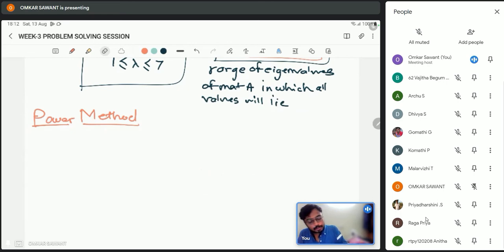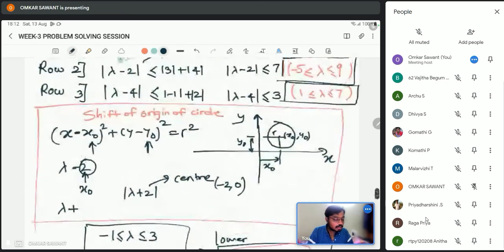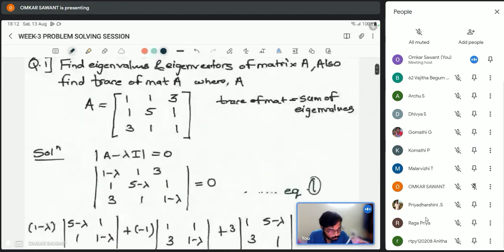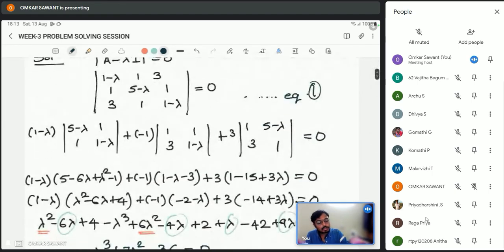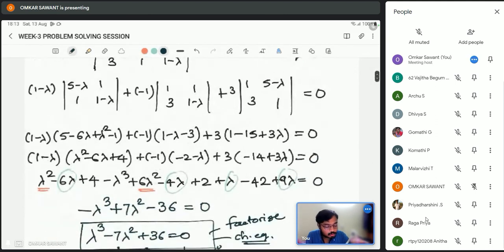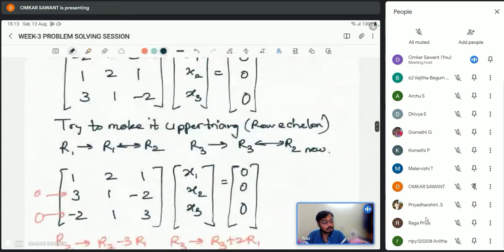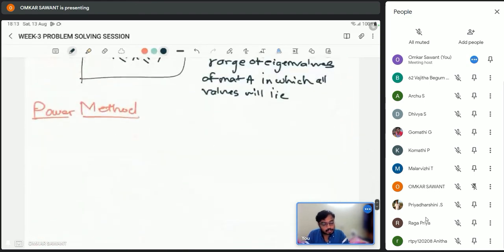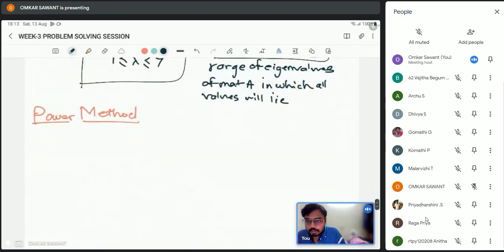Okay, what is the power method? Like we calculate eigenvalues, these are the ways we humans calculate eigenvalues. We can do these mathematical operations, but we cannot explain this to our computer. So to be able to calculate eigenvalues computationally, there are methods like the power method and inverse power method.